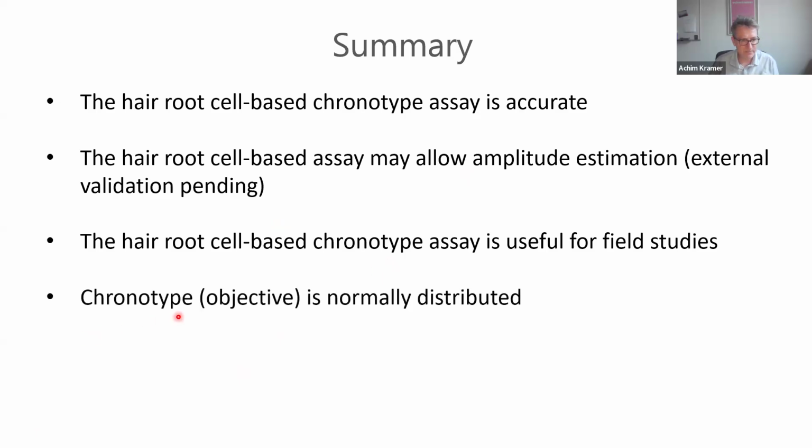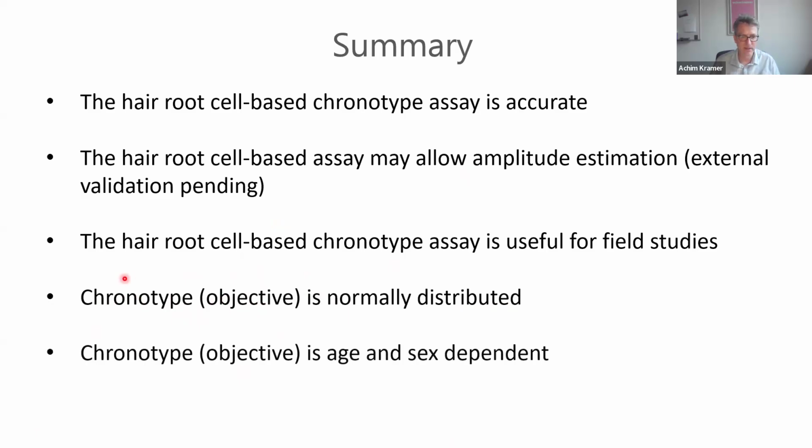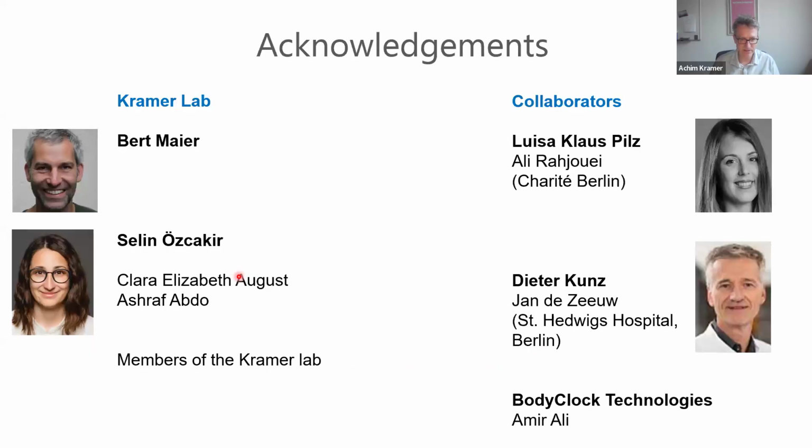So chronotype is normally distributed, which is now the first time we have an objective measurement of chronotype. And this is confirming data from questionnaires, which were subjective. Chronotype is age and sex dependent, again also confirming data from questionnaires.